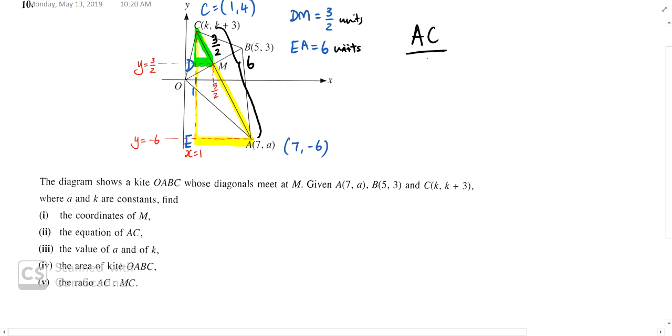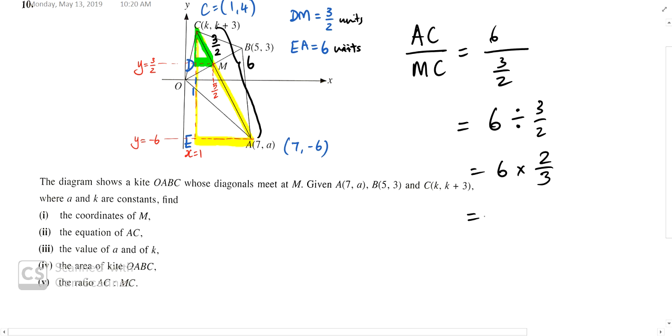AC over MC now, 6 over 3 over 2. Which gives me 6 divided by 3 over 2, which is 6 times 2 over 3, which gives me 4 over 1. So AC to MC must be equals to 4 is to 1.